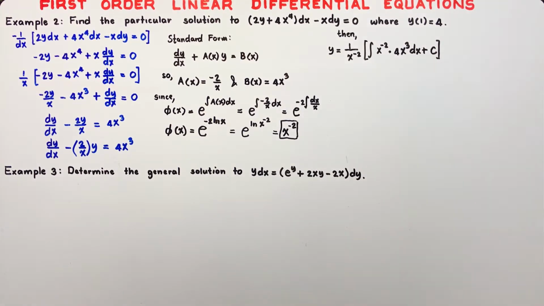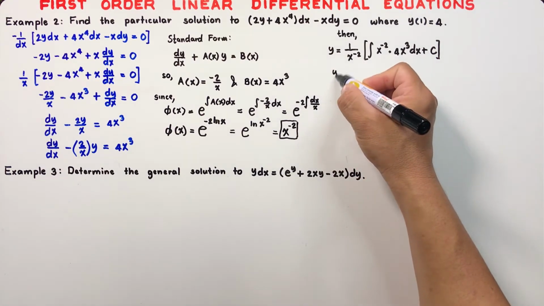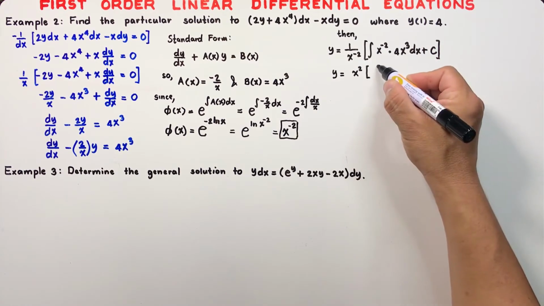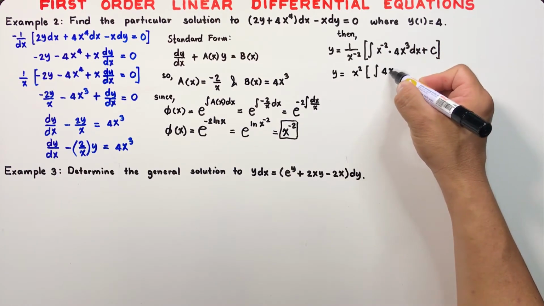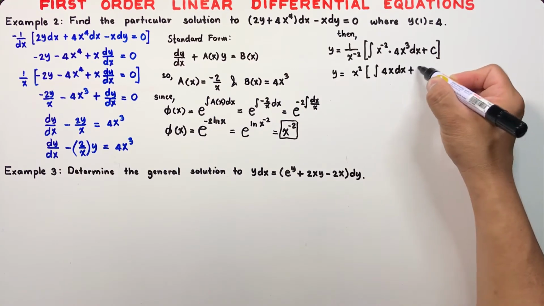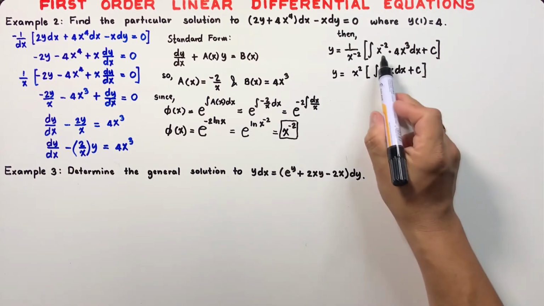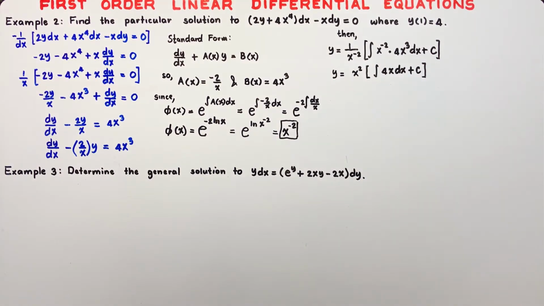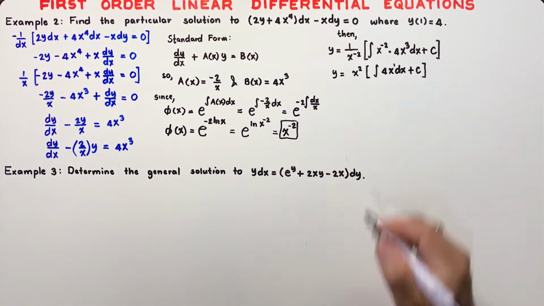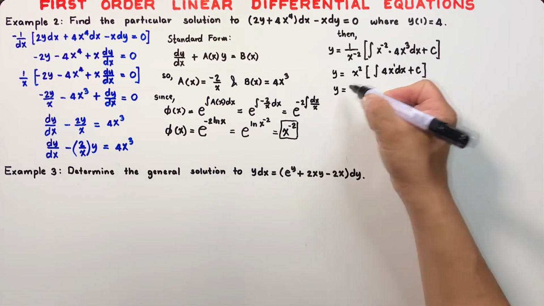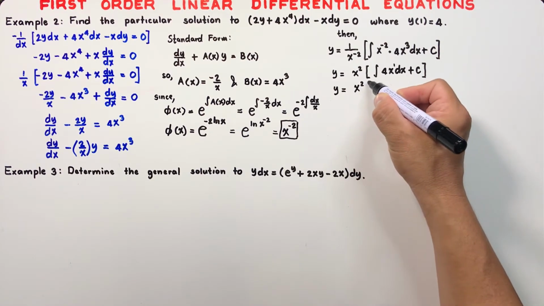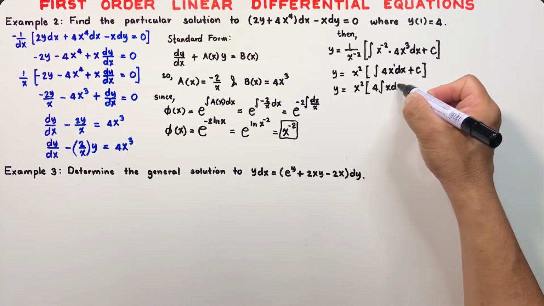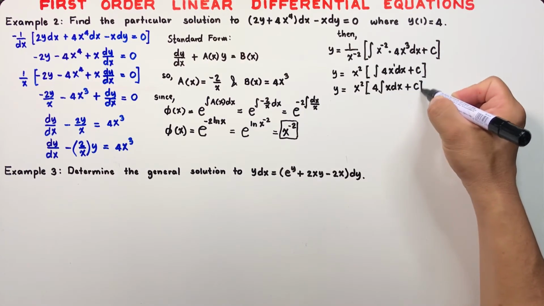So we have y equal to x squared times the integral of 4x dx plus the constant of integration c, because applying the laws of exponents, this 3 and the negative 2, when added, is equal to 1. So factoring out our constant 4 outside the integral symbol, we have 4 times the integral of x dx plus the constant of integration c.